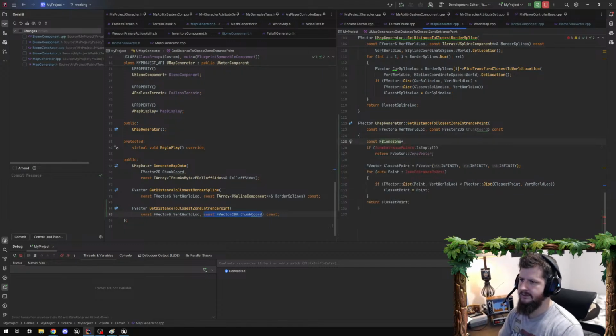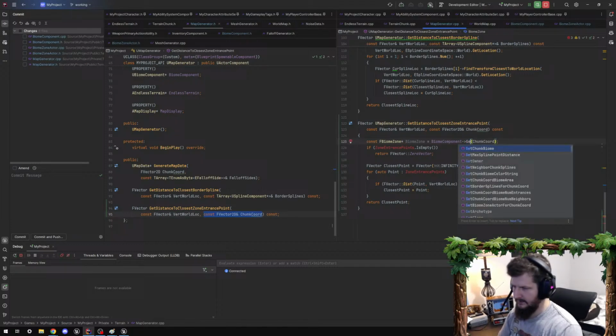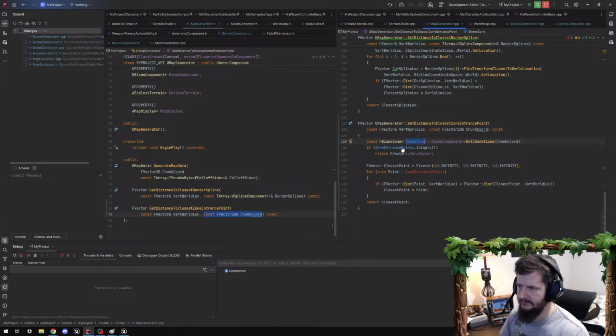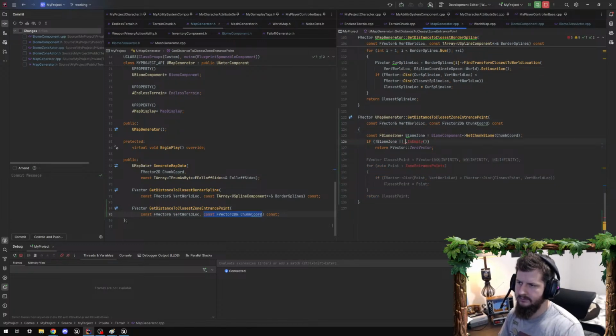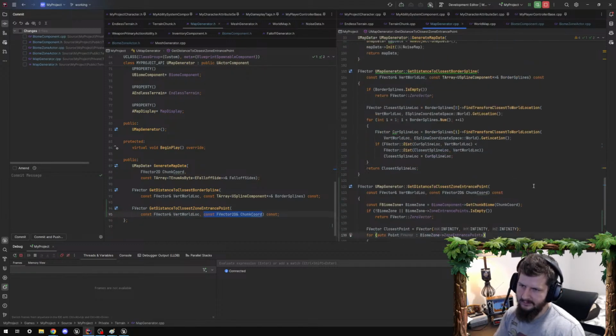It'll need to be const. E, give it to me. There we go. Get chunk biome. I'll say if biome zone or, it's empty. Okay. Pass it in there. Okay.